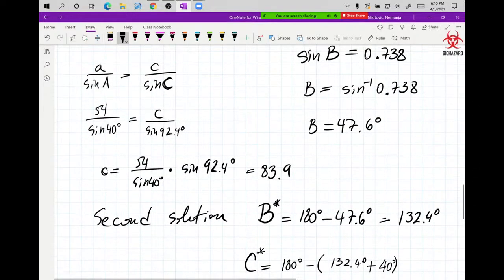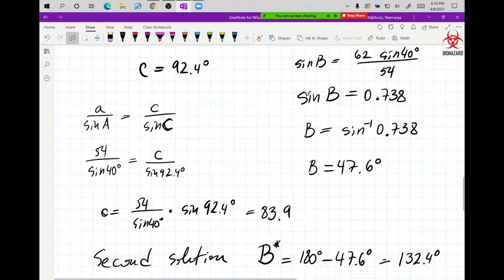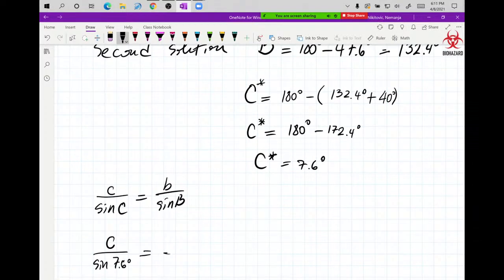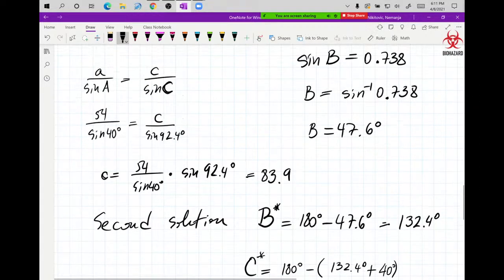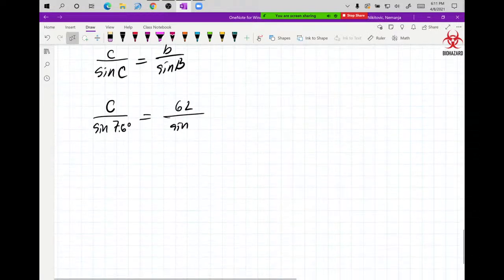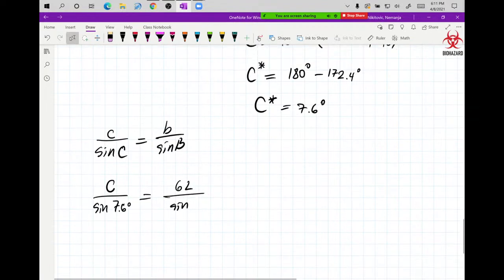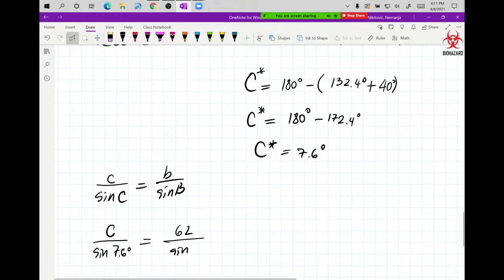And B is, where is B? 62 over the sine of, so which one? Hold on. We need sine B, 132.4.